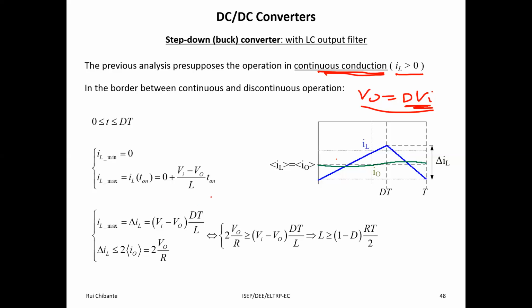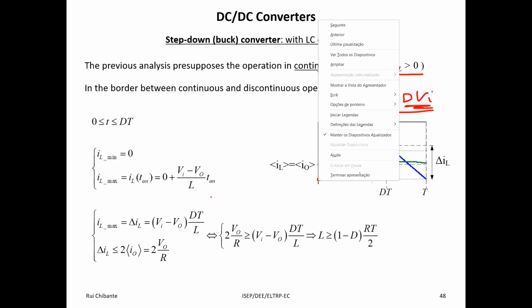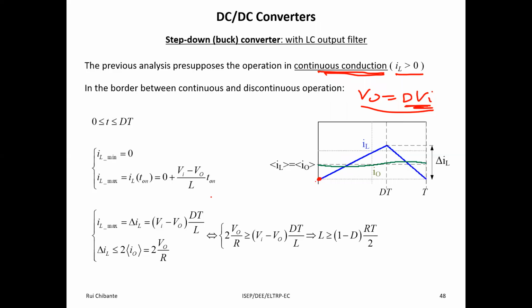So the worst case is where we are in the border between the continuous and discontinuous regime, which is the same to say that this is zero current. So there is a current variation. Current starts from 0, for instance. We get a maximum, and then it goes again to 0, and we have this kind of operation. So at the border, the worst case, minimum of the inductor current is 0.